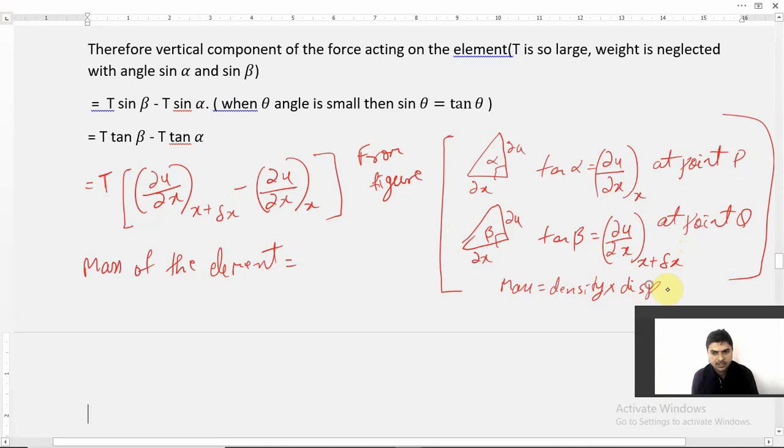Please remember this, friends. Density we already defined as rho, and the displacement we already considered as the change in the displacement, that is delta x.